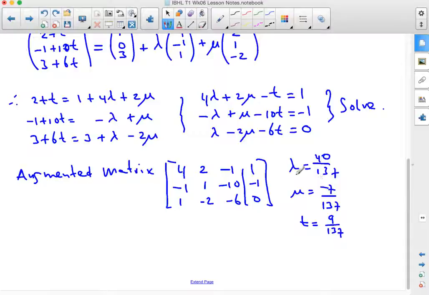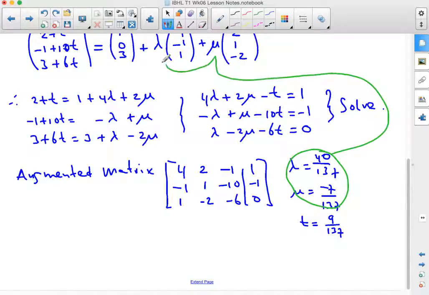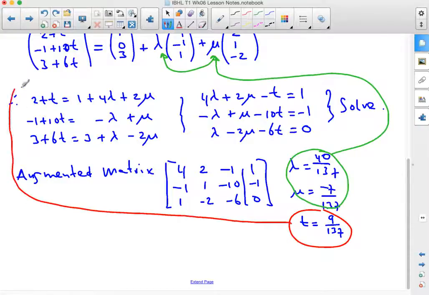Now let's see, I want to find point N. So either I need to substitute all of this, lambda and mu, in my plane, and I will find point N. Or of course, I can take my t here and put it in my line, which may be a little bit easier. Substituting 9 over 137 for t there, you get 2 plus 9 over 137.